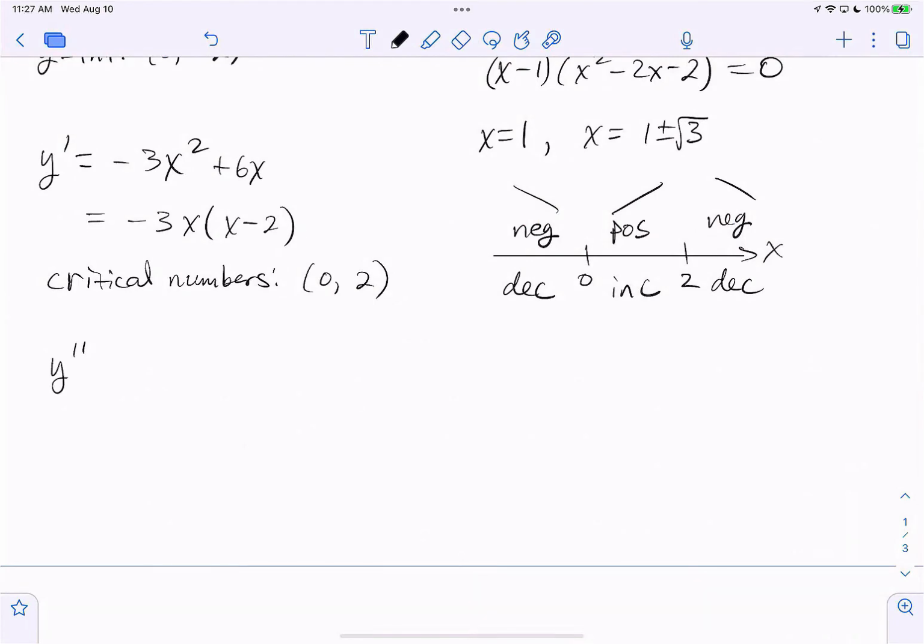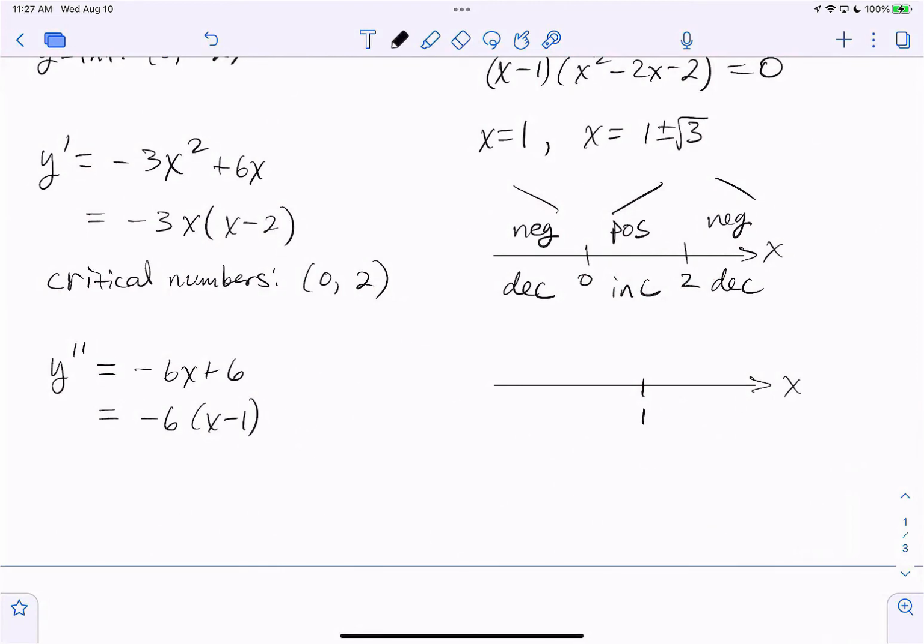Y double prime is equal to -6x plus 6. If I factor out a -6, I'm going to get x minus 1. So I'm going to set up a number line here, and I'm going to put x equals 1 on this number line in between x equals 0 and 2 on the other number line, just for visual effect.